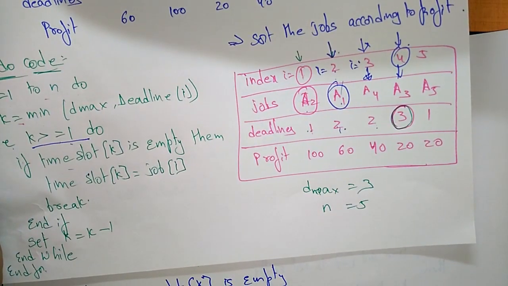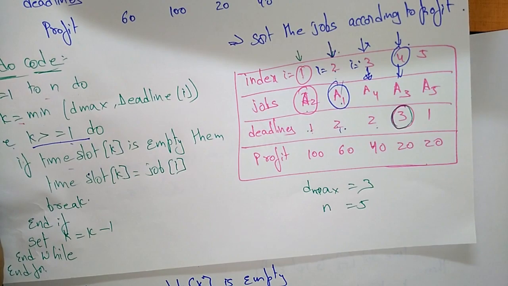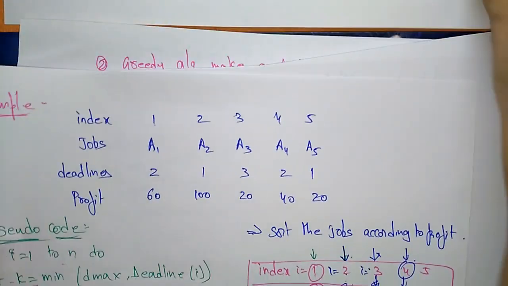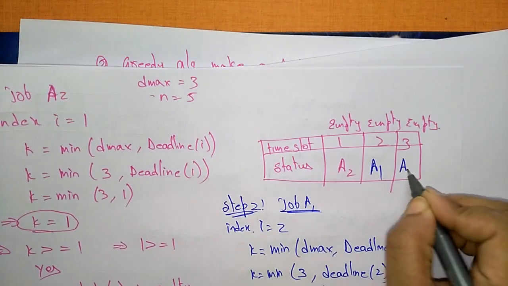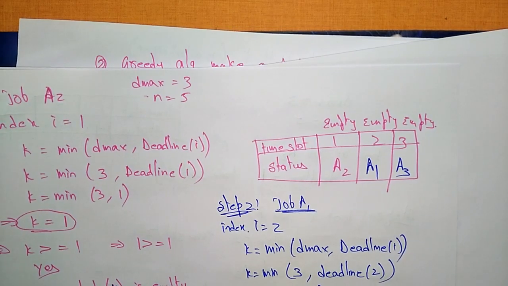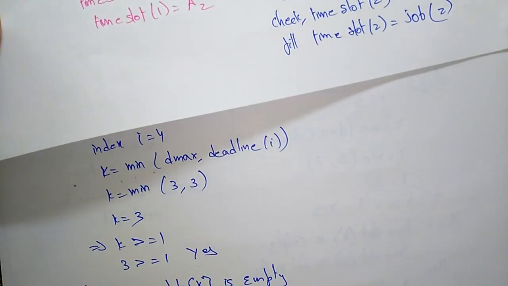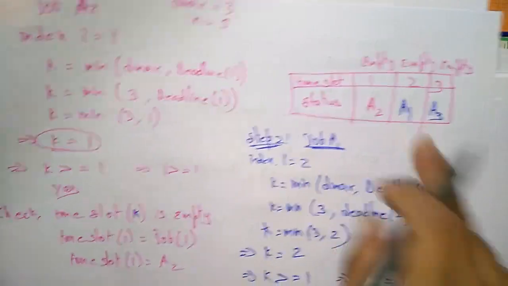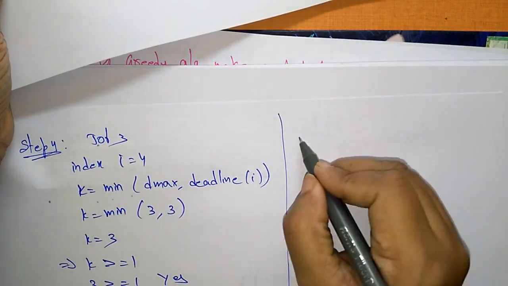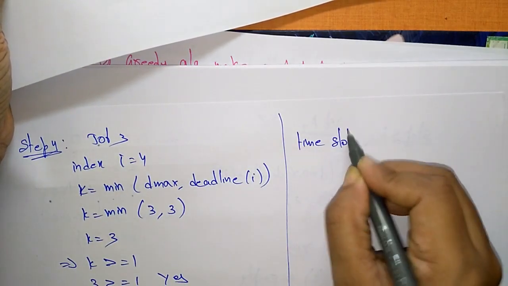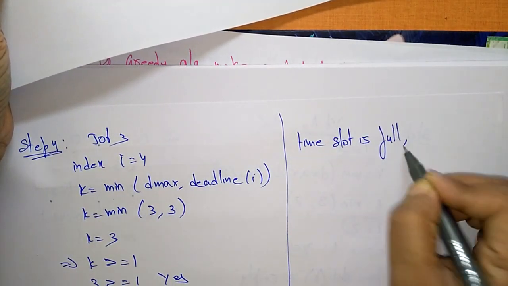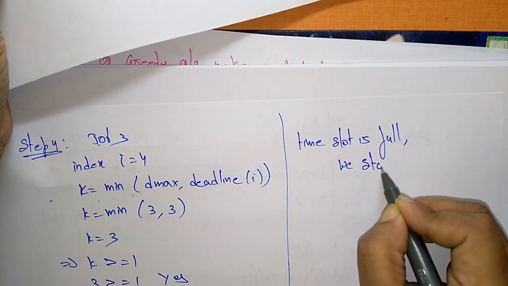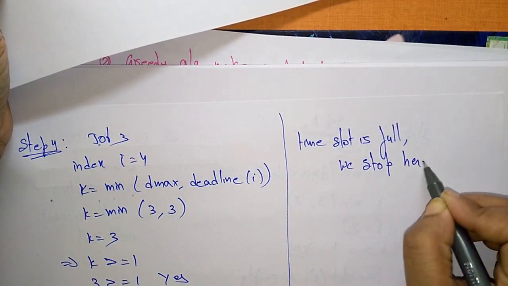So now time slot of 3 should be assigned A3. Fill A3 here. Now time slots are all full, so we have to stop here.